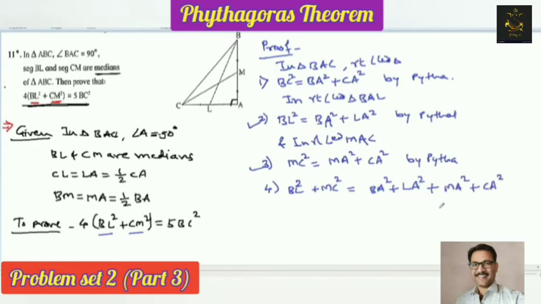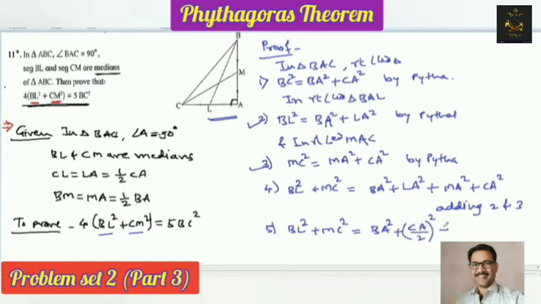Adding 2 and 3, this side just keep as it is, that is BL square plus MC square. Now observe here. What is BA? Keep as it is, this bigger one, plus what about LA? This is LA, which is half of CA. So may I write here CA by 2 bracket square?